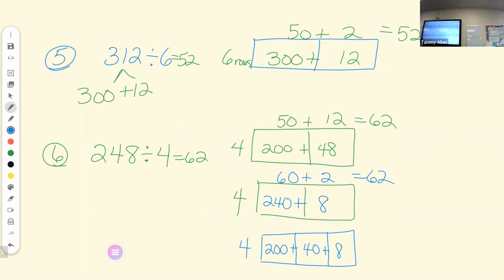Is 200 plus 40 plus 8 equal to 248? Yes. Are all three of these multiples of 4? Yeah. Okay? Watch. This would equal 50. This would equal 10. This would equal 2. And it adds up to 62. Write that one down.